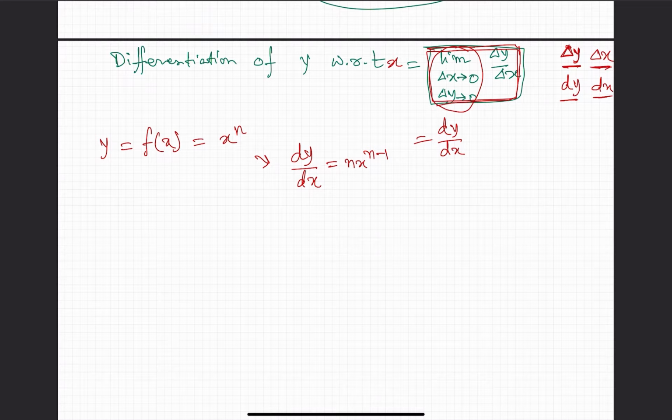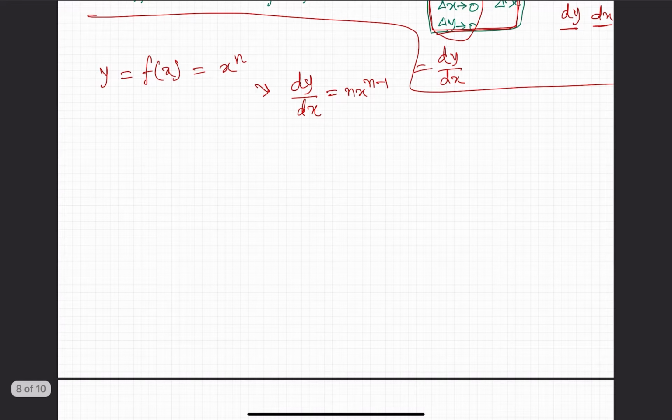Now how is it coming? Proof for this would be very easy.